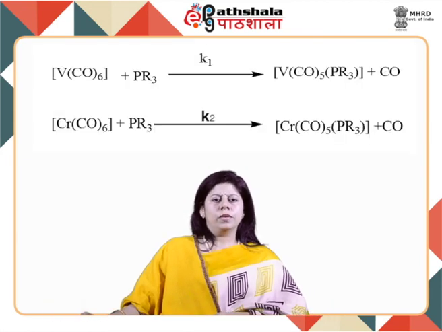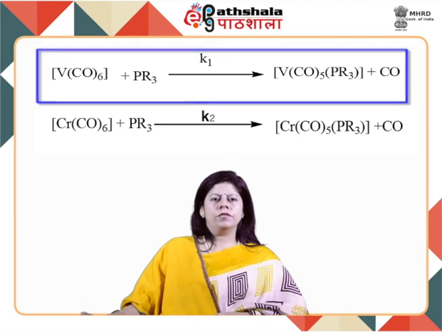Vanadium octahedral complex of carbonyl is hyperreactive towards ligand substitution reaction because of a rapid associative SN2 pathway. We can compare two reactions. In the first reaction, we have vanadium octahedral complex on reaction with phosphine gives vanadium pentacarbonyl complex with one molecule of phosphine and one release of carbon monoxide.